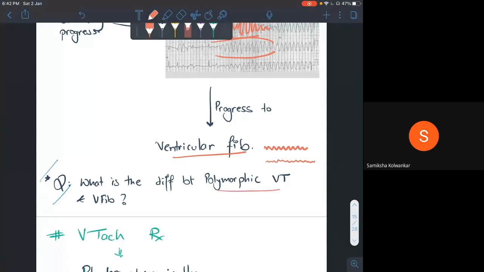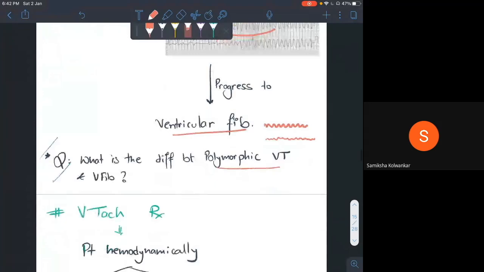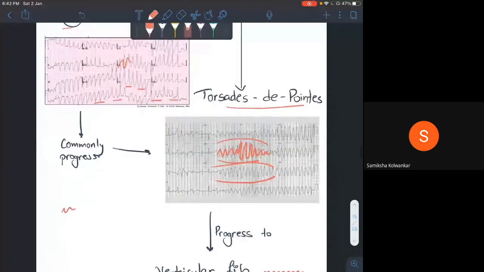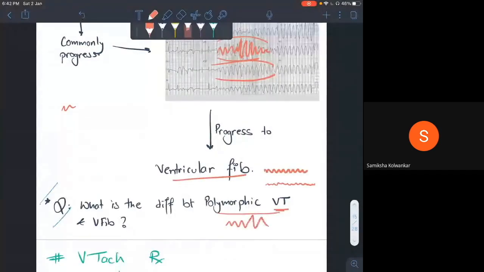Polymorphic ventricular tachycardia is essentially where, even though you have ventricular tachycardia, you can see random fluctuations, and they don't really seem to align with anything. The amplitude changes, the duration changes. But the most important point here is that there is pulse felt. This is where the difference comes in.